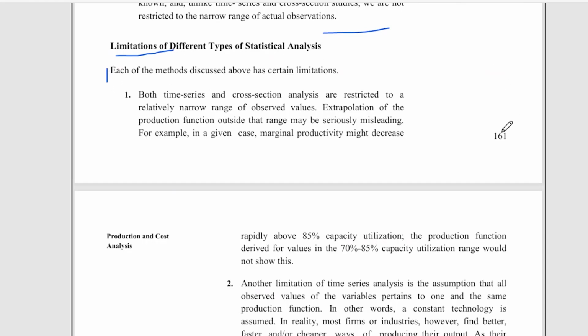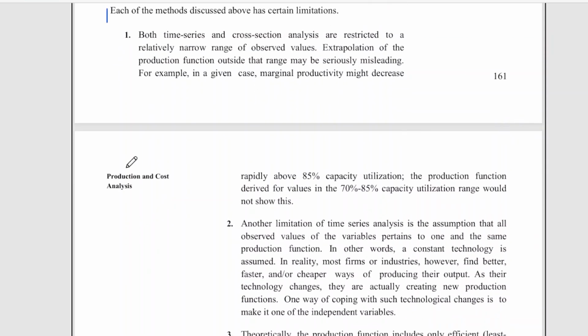Each of the methods discussed above has certain limitations. One is that both time series and cross section analysis are restricted to a relatively narrow range of observed values. Extrapolation of the production function outside that range may be seriously misleading. An example is here. Please go through your study material.